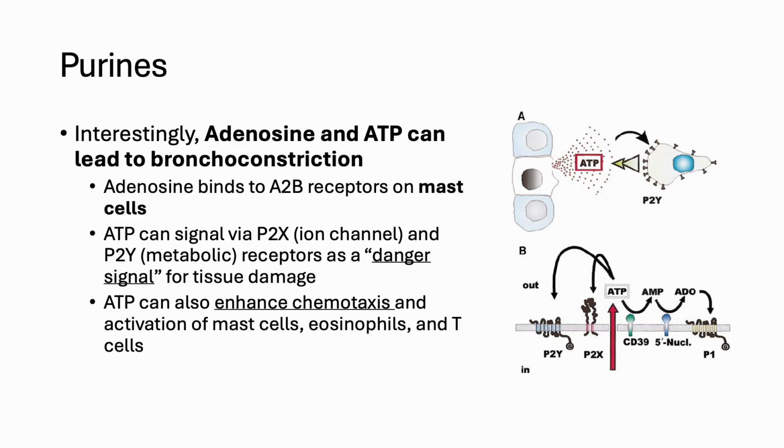And adenosine can react with mast cells. This is one of the many ways that mast cells can receive stimulatory signals. And ATP can also be a danger signal that gestures to tissue damage, and therefore this is going to enhance chemotaxis and activate all of these inflammatory cells that are going to migrate to that spot of tissue damage.